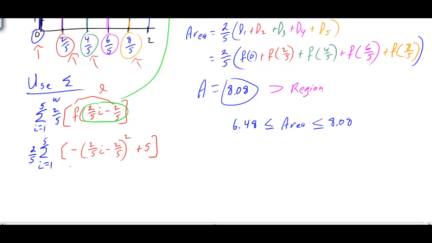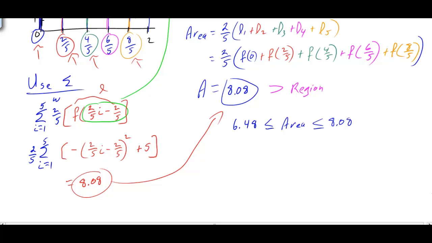So here's what you would need to type into your calculator and perform the sum from I equals 1 to 5. And do not forget to multiply by the 2/5. And here again, you should get something very close to 8.08 as we did over here.